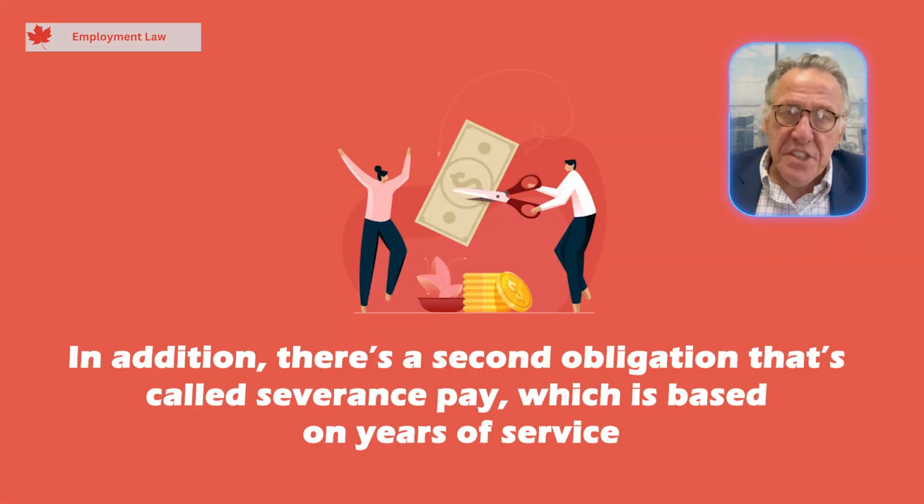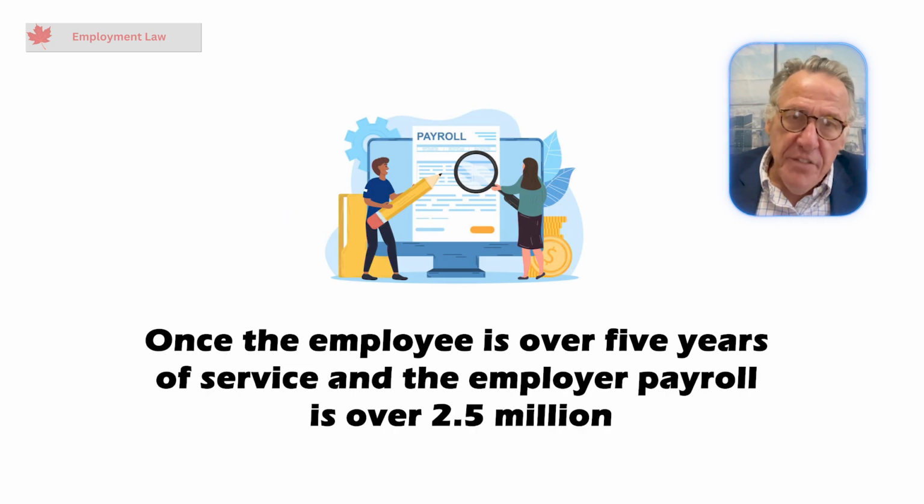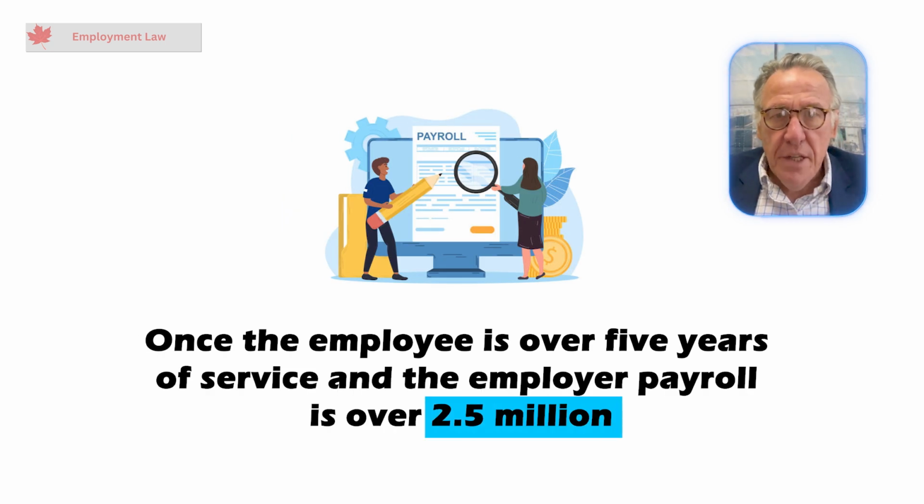In addition, there's a second obligation called severance pay, which is based on years of service once the employee is over 5 years of service and the employer payroll is over 2.5 million. In that case, that caps at 26 weeks. So let's take the extreme example of someone with 26 years of service with a payroll over 2.5 million.